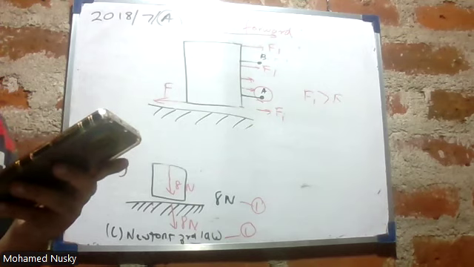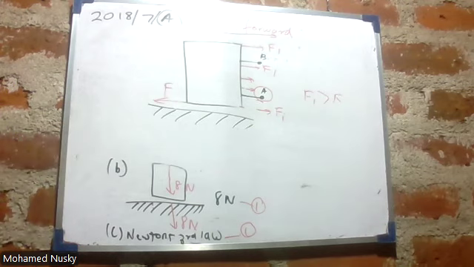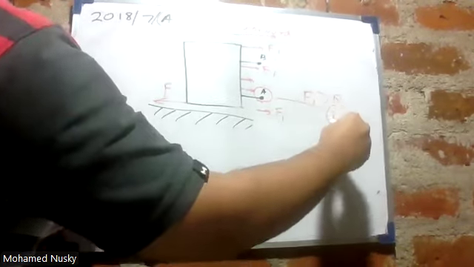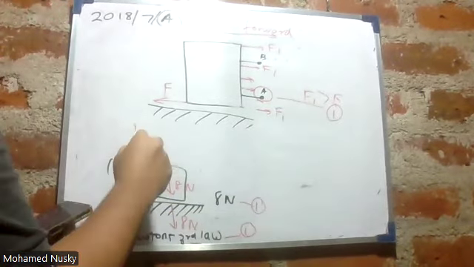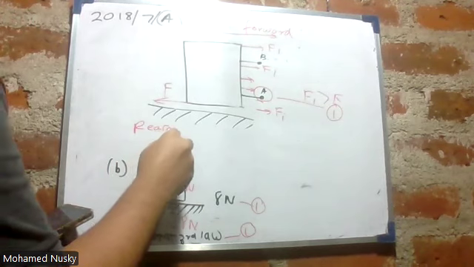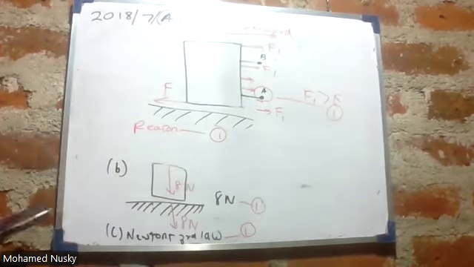Either way, you can give the answer. For giving A as the choice, you will get 1 mark. And for the reason, you will get another mark.